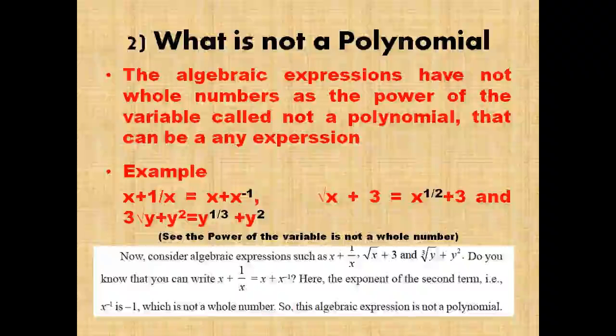Second example, root x plus 3. Root x is x power half. Third is the cube root of y plus y square, where the cube root is y to the power 1 by 3. The second example has a square root and the third a cube root.